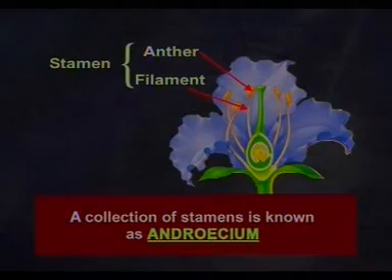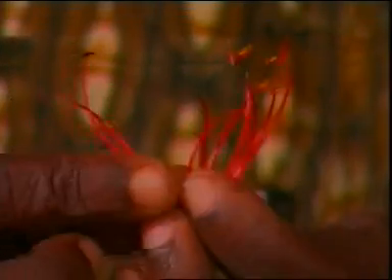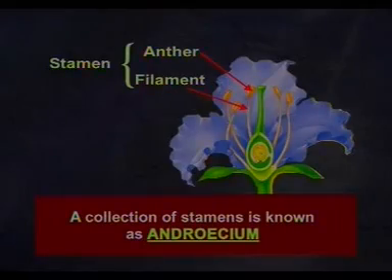A collection of stamens together form an androecium. So I have my 10 stamens on the flamboyant flower, all together forming the androecium.